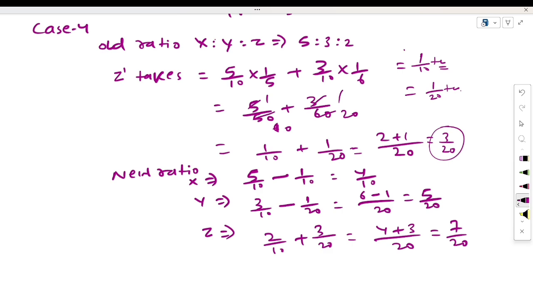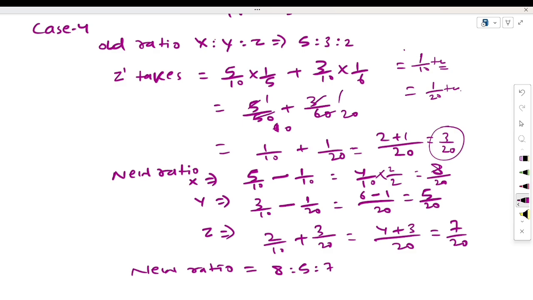This is the new ratio for Z. So now we have to equalize the denominator. 4/10 becomes 8/20. Now what would be the new ratio? Your new ratio would be 8:5:7. This will be your new profit sharing ratio.